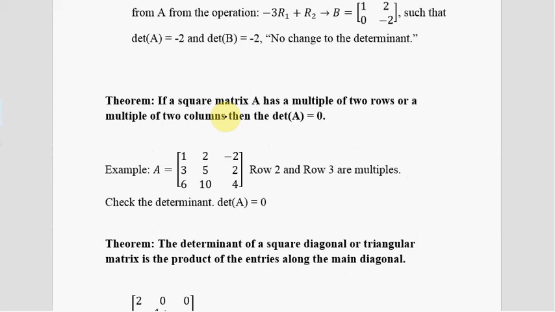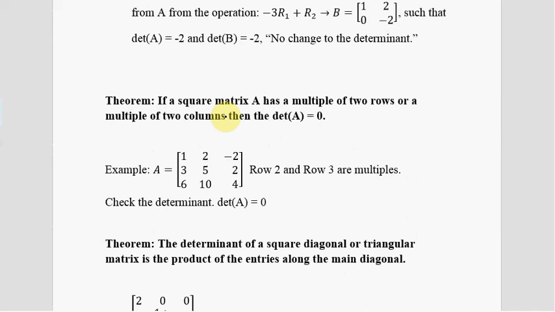So here, the theorem says that if you have a square matrix, and you look at this example for matrix A, row 3 is a multiple of row 2. So automatically this theorem says that the determinant is 0.